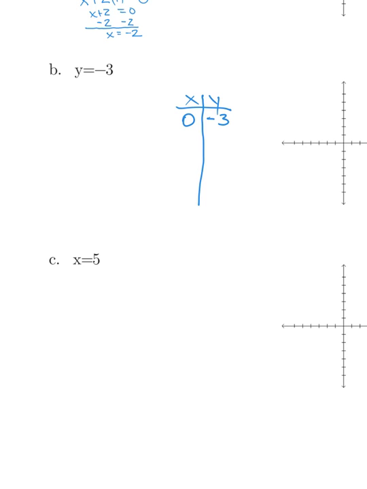I do need another point in order to graph this. So give me another value of x, 2. If we plug in 2 for x, what is y? Well, it's still -3. X can be whatever it wants, and y is always going to be -3.